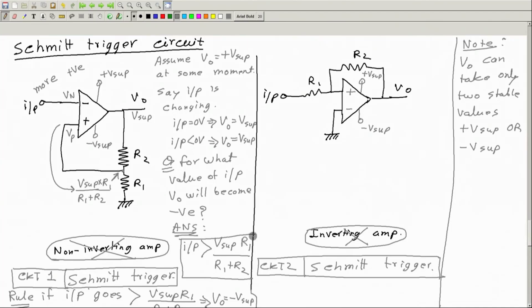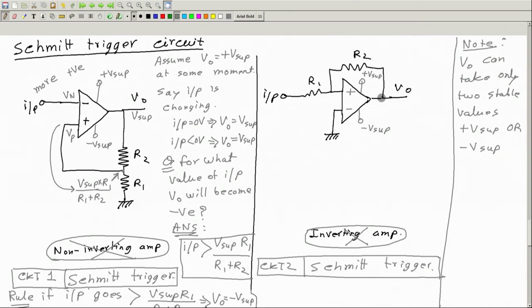Let me start writing from here. Once again, my approach will be very similar. I will take it for granted at this moment that output can take only two stable values, positive V supply and negative V supply. I will justify that later.